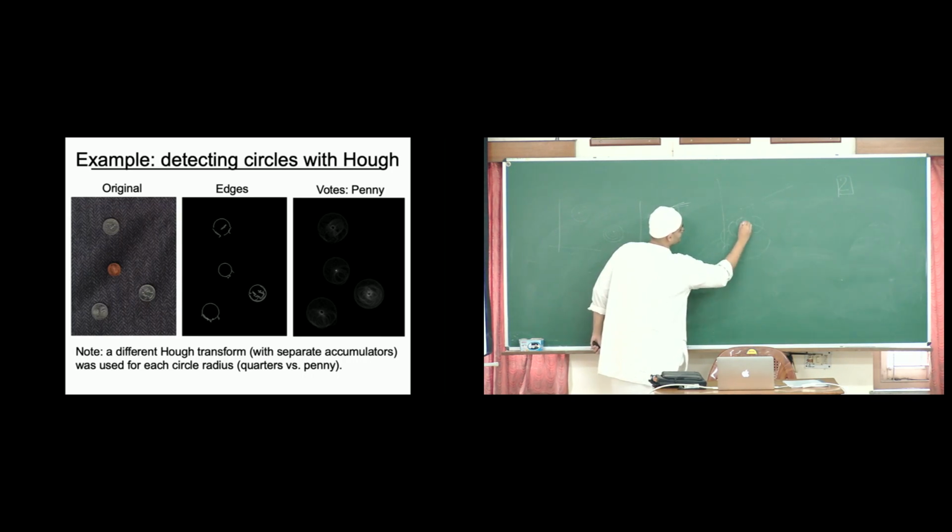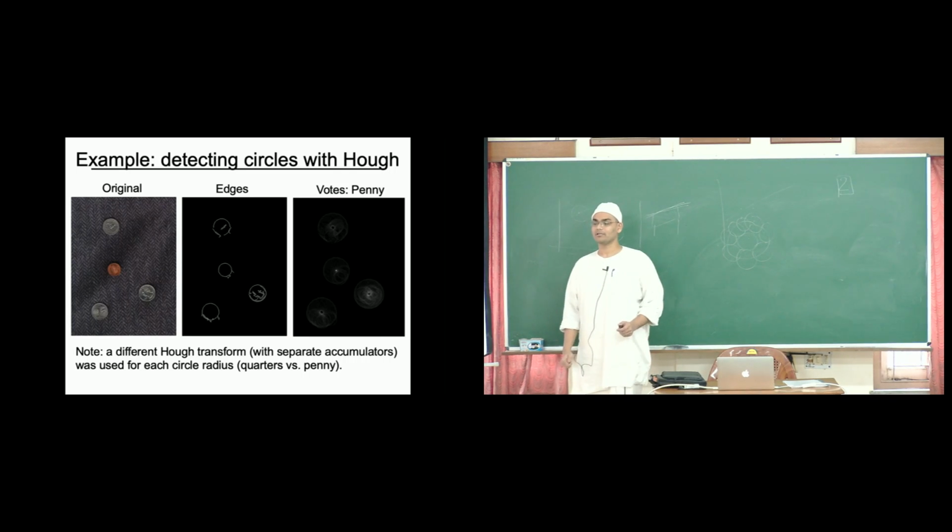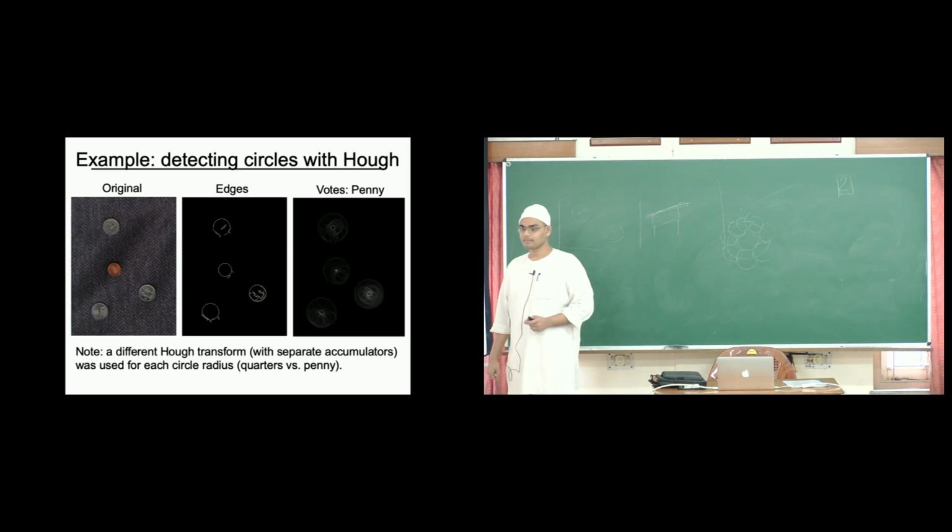This is the voting space, so there will be a little bit of a hole inside. You are not getting only one point, because you have used the radius of a penny and these are bigger coins.